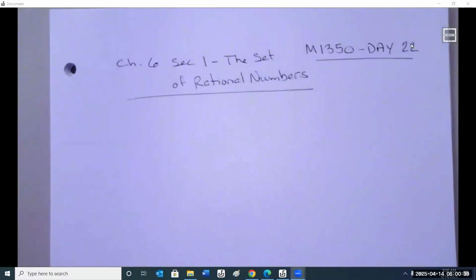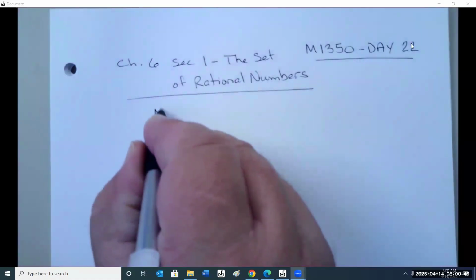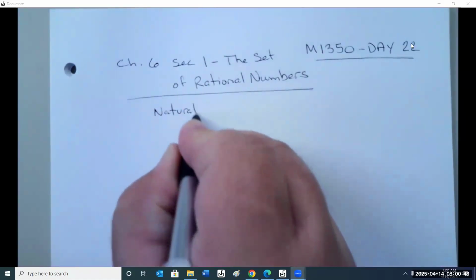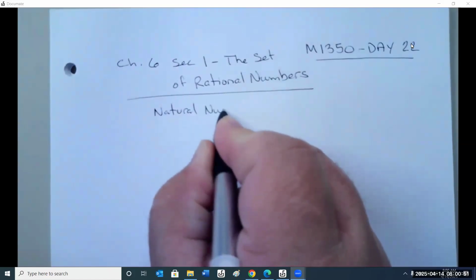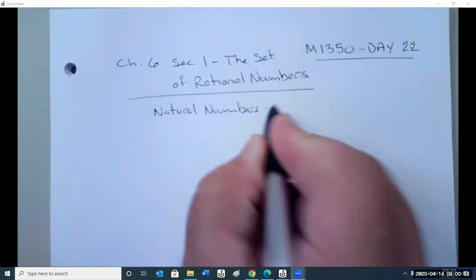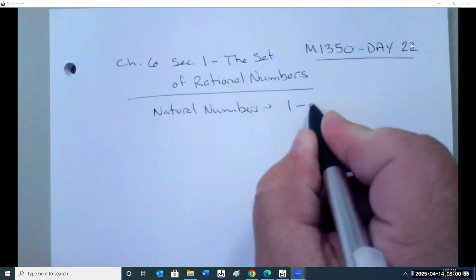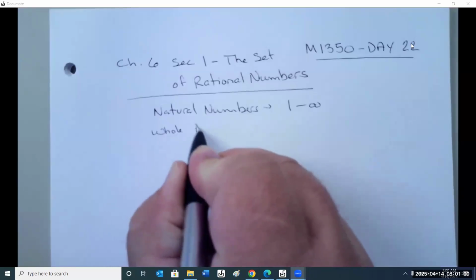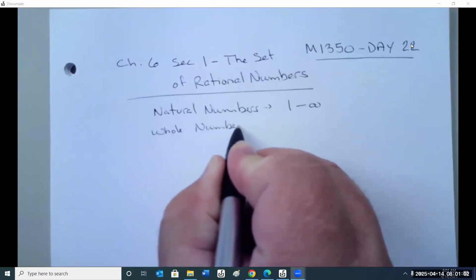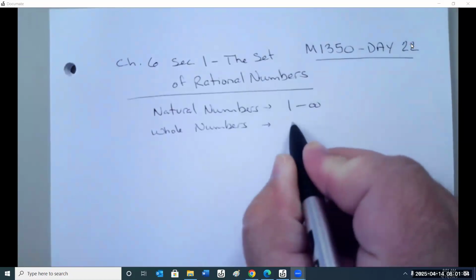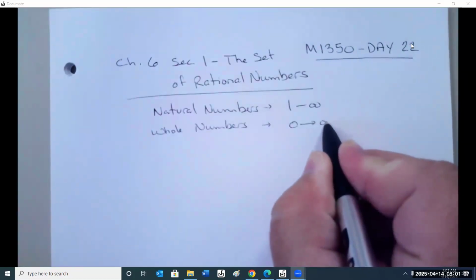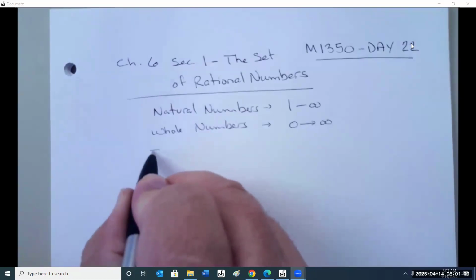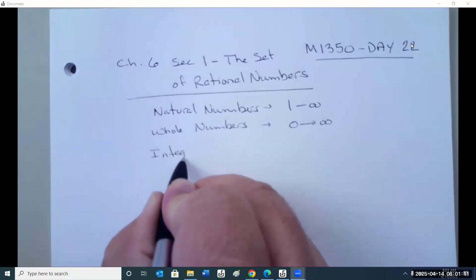Starting a new chapter. So far, we've talked about natural numbers. Those are 1 to infinity. Then we moved on to whole numbers. Those are from 0 to infinity. Then we went on to integers.